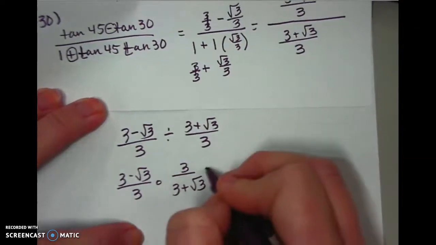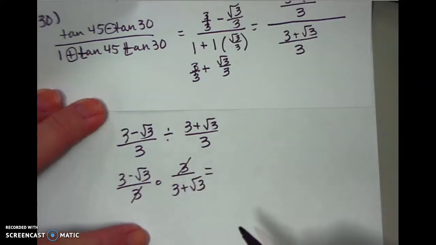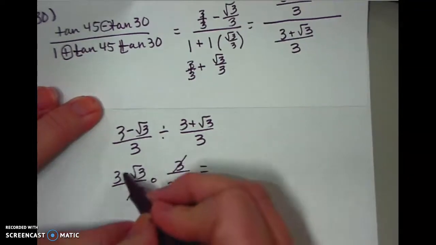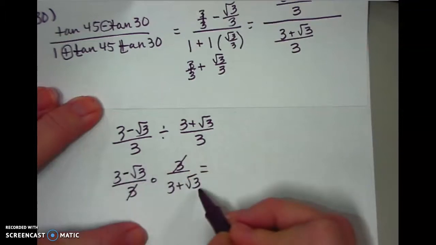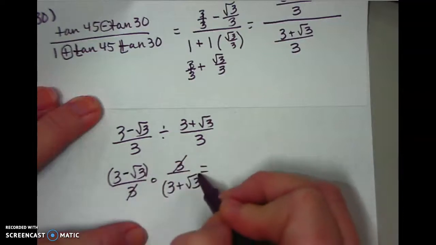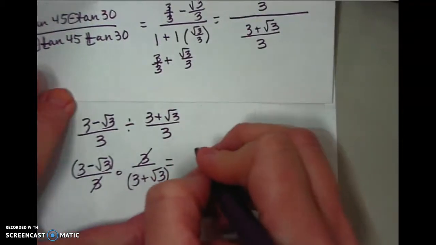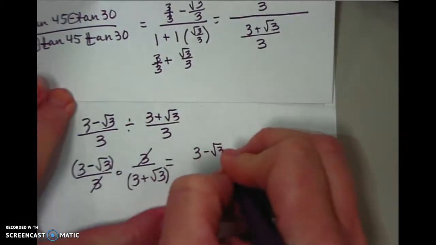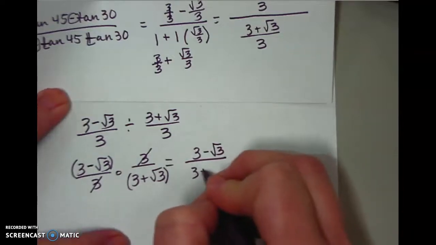And now anything from the top can cancel with anything from the bottom. Why can't I cancel this 3 with this 3, or this square root of 3 with this square root of 3? Because these are connected through subtraction or addition. So now I am left with 3 minus square root of 3 over 3 plus the square root of 3.